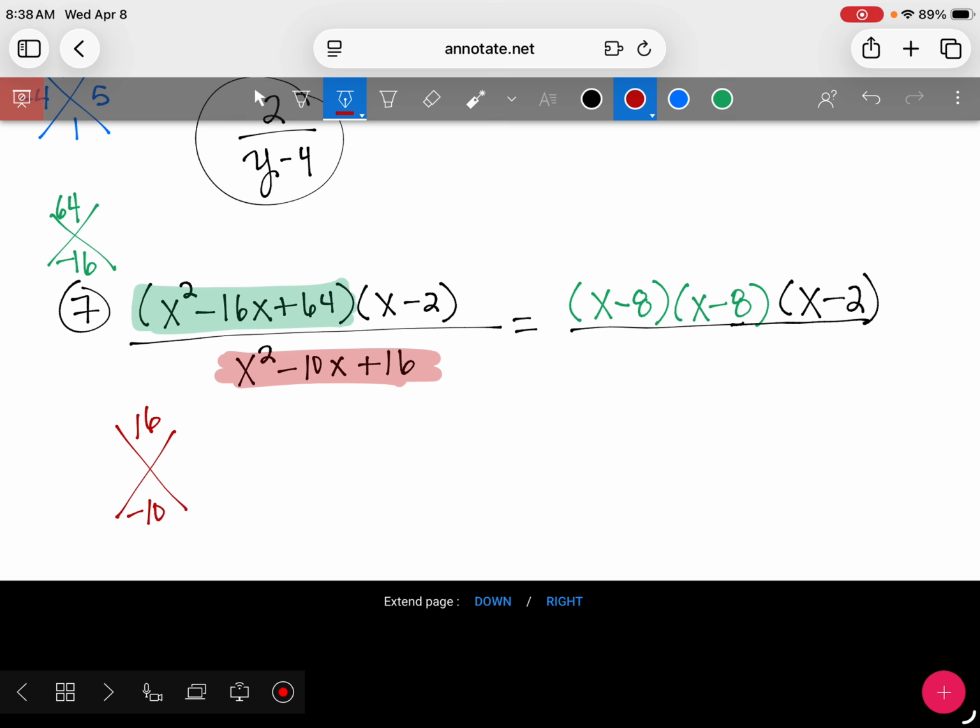So where do we see 16? Yeah, they both have to be negative because your top number is positive.